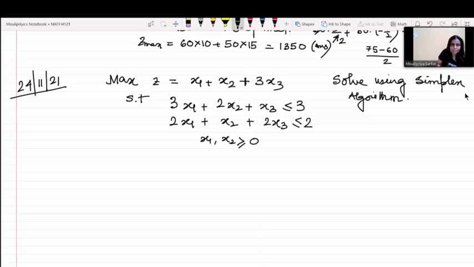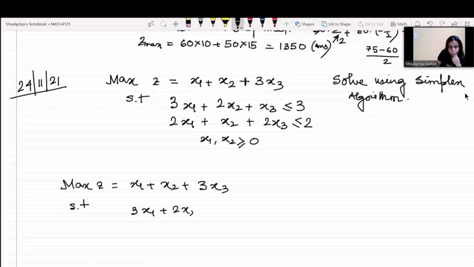Slack variables. So we can rewrite the given problem as max z equal to x1 plus x2 plus 3x3 subject to 3x1 plus 2x2 plus x3 plus x4 equal to 3, and the second constraint would be 2x1 plus x2 plus 2x3 plus x5 equal to 2.